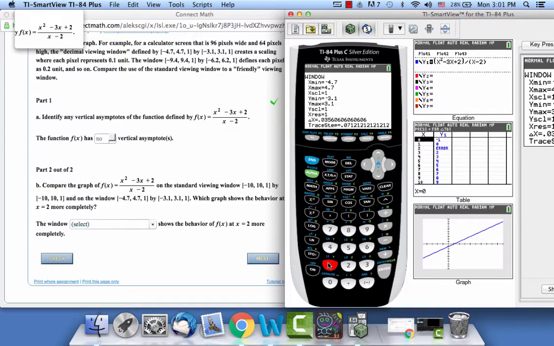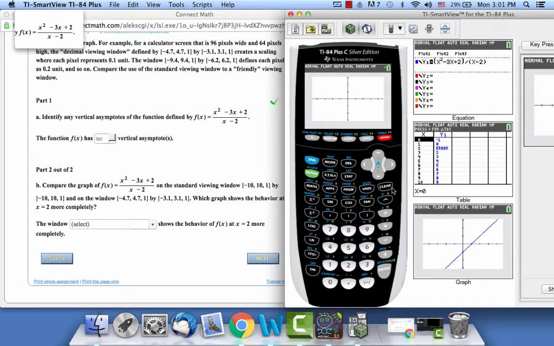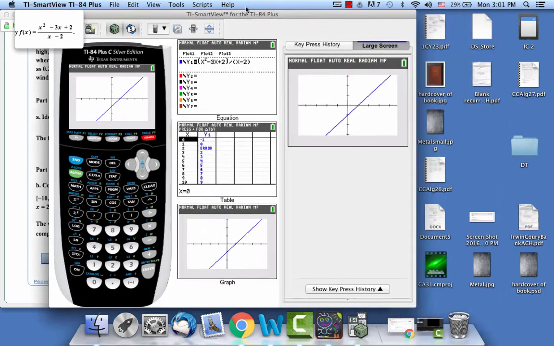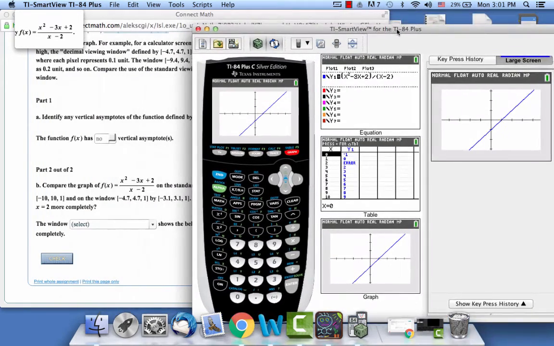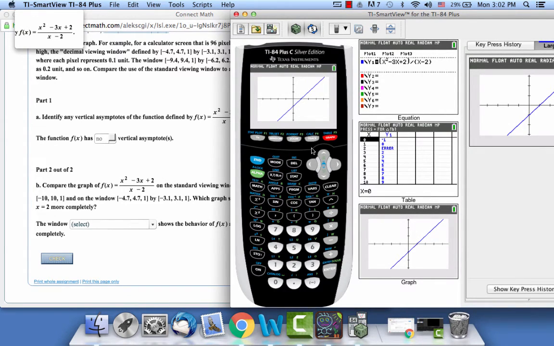It's getting closer to that point at 2, 1, but it's also scaling it so that the scale is the same in both directions. Well, I honestly still don't see it. Maybe if I had a calculator this would work. I'm going to change the window one more time.